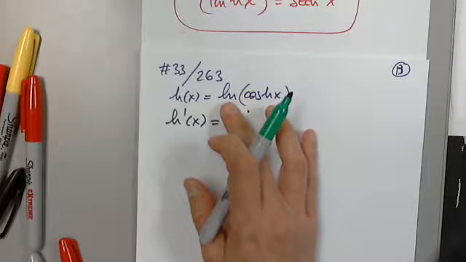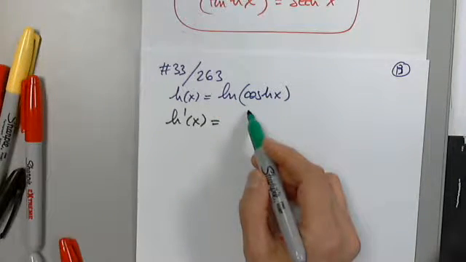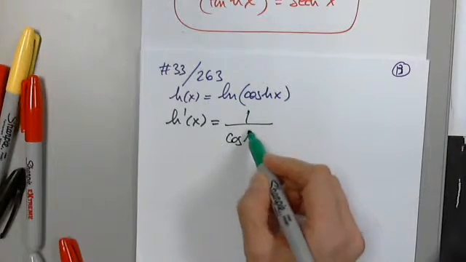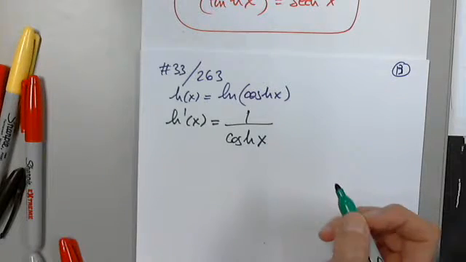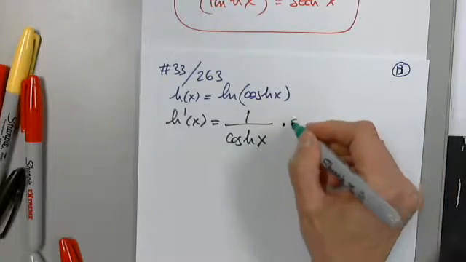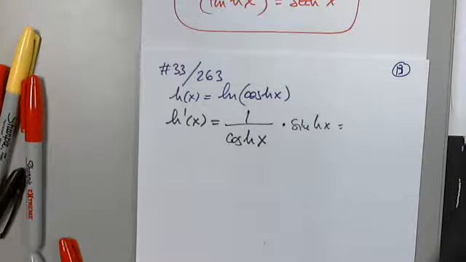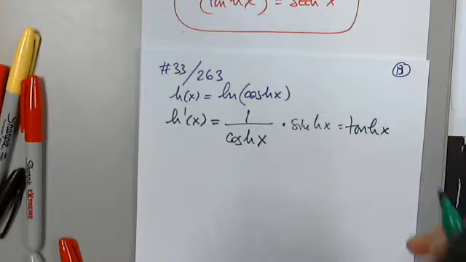When I differentiate log, I get 1 over hyperbolic cosine times hyperbolic cosine prime, which is hyperbolic sine. But how much is hyperbolic sine over hyperbolic cosine? It's hyperbolic tangent. That's it.